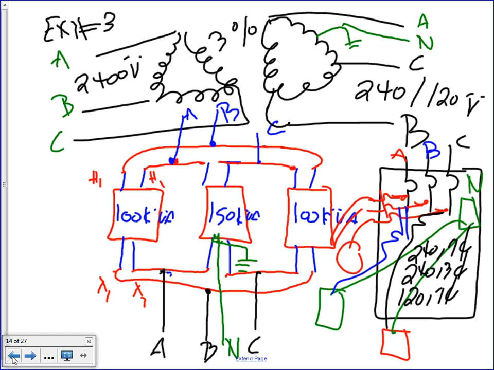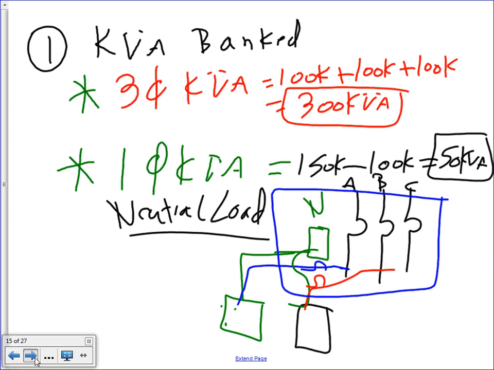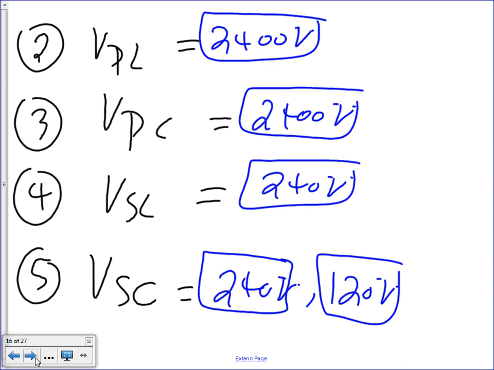So one coil, the 240 coil, split in the middle. So there are really two voltages for the coil on the secondary. One of them is 240 and one of them is 120. The coil is still from A to B, isn't it? Or from A to the neutral. If you look at it from A to B, it's this one, 240. If you look at it from A to the neutral, it's half of it.